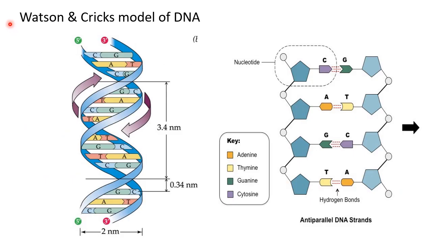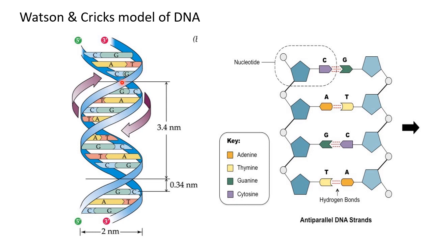Before studying the process of DNA replication, in short, we are going to revise the Watson and Crick model of DNA. Now, DNA molecule consists of two anti-parallel polynucleotide strands. These two strands cross with each other, hence they are called as anti-parallel strands.